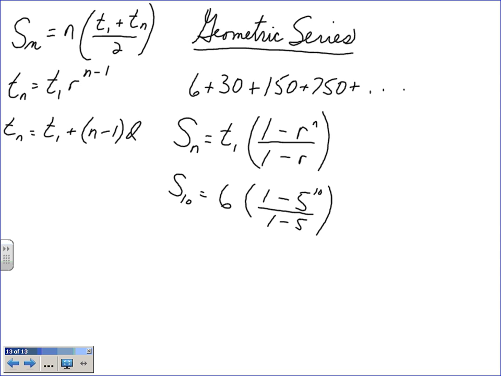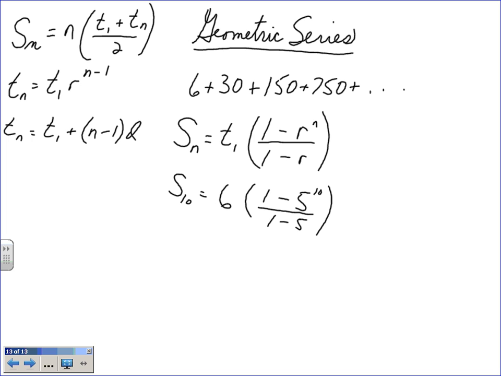All right, so then we go to our calculator. Now, if you want to do this all in one step, it's going to involve a series of parentheses. What I like to do is just go 1 minus 5 raised to the 10th power equals, and then I want to divide it by 1 minus 5. At this point you're going to have to put in parentheses. If not, divide it by -4, and we should get a positive number.